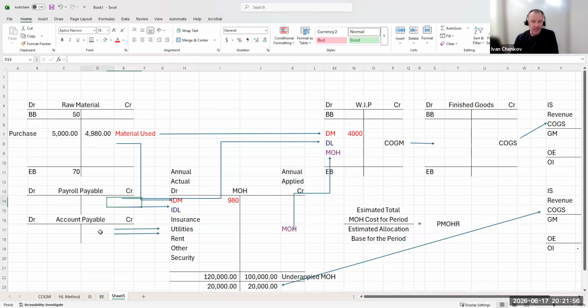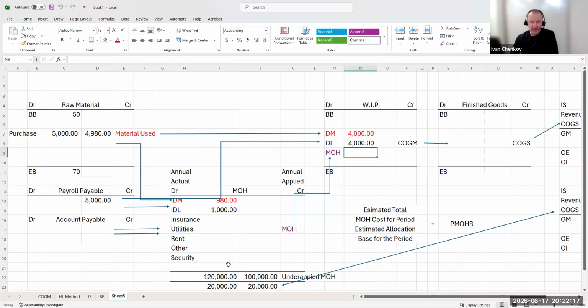For example, total payroll is 5,000, of which 4,000 is direct labor and 1,000 is indirect labor, something like that. I'm just playing with the numbers right now, nothing specific at this point. Then manufacturing overhead is going to be, let's say, other cost of 5,000.